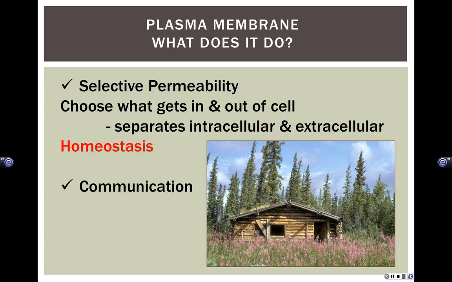For example, when hormones, which are chemicals that send signals, go floating around in the body, cells have to be able to understand or translate what those messages mean. And in order to receive and interpret those messages, that is also relying on the cell membrane.